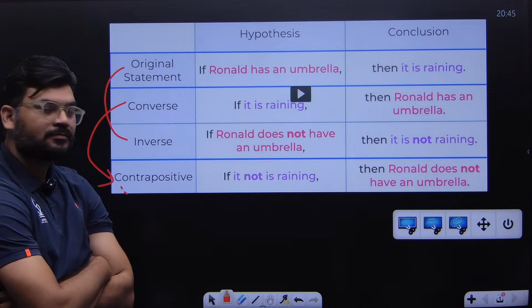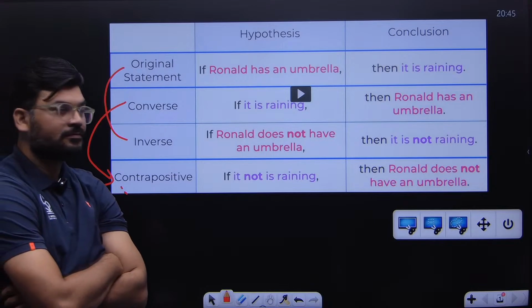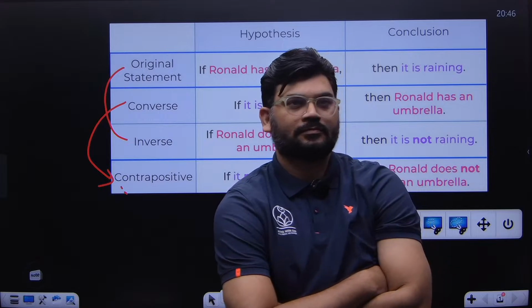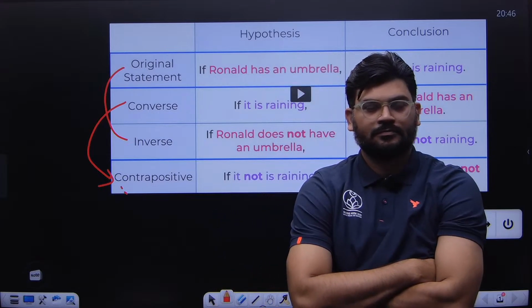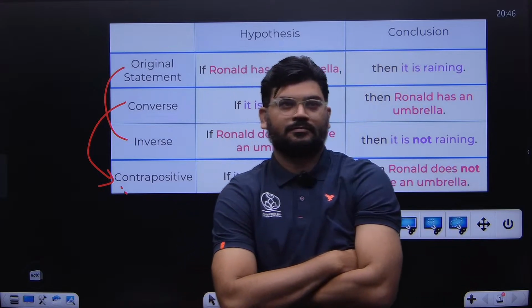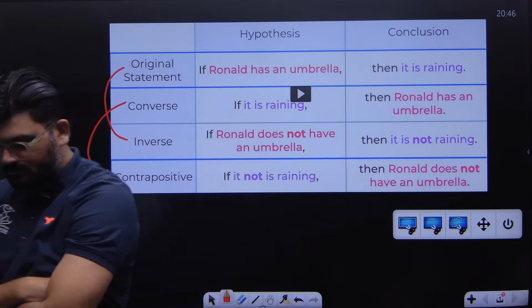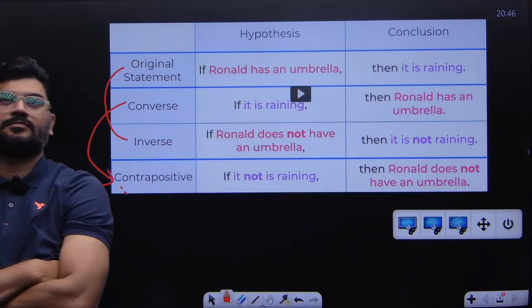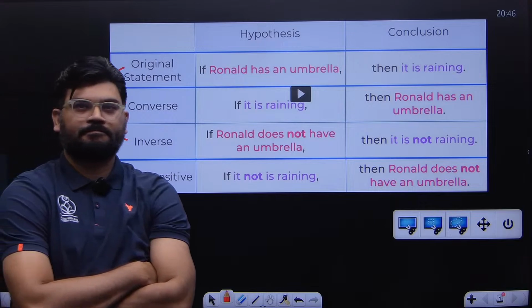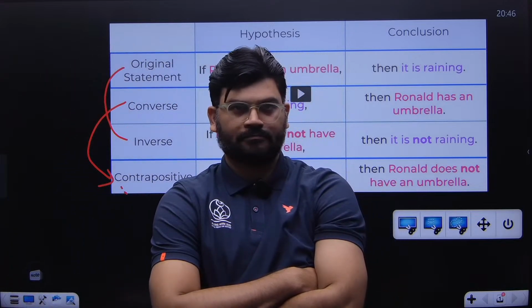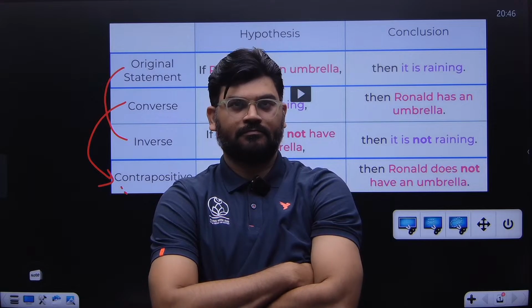Let's take a look at the next example. In this example, we have two statements. Is the second conditional the contrapositive, converse, or inverse of the first conditional? The hypothesis in the first statement is Richard is going to eat cashews, and the conclusion is it is not Monday. In the second conditional, the hypothesis is Richard is not going to eat cashews, and the conclusion is it is Monday.